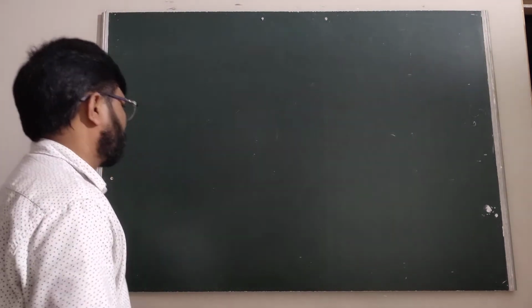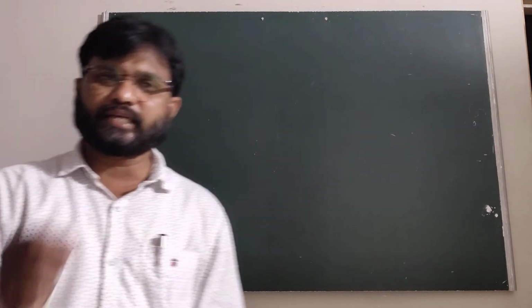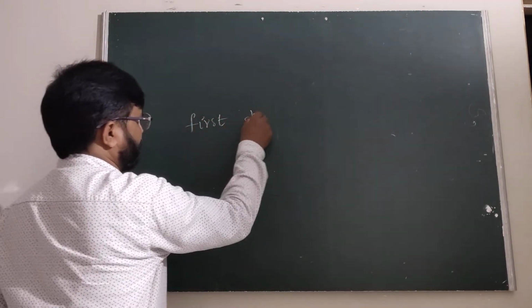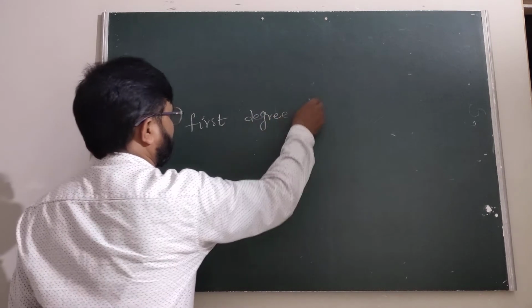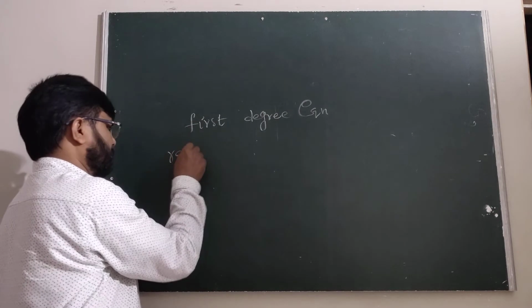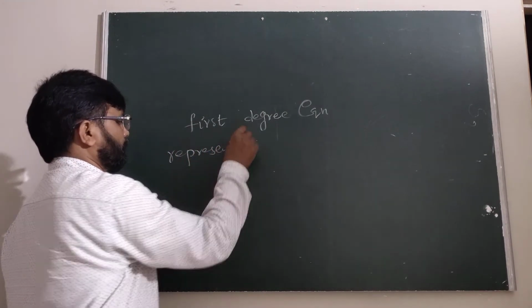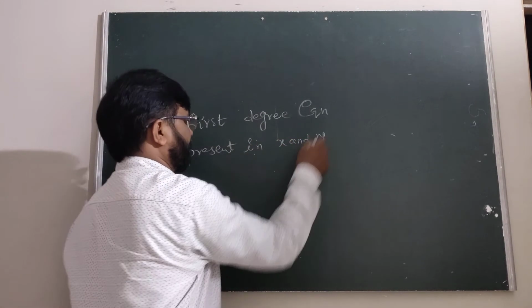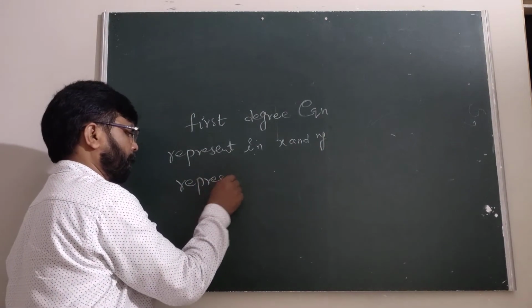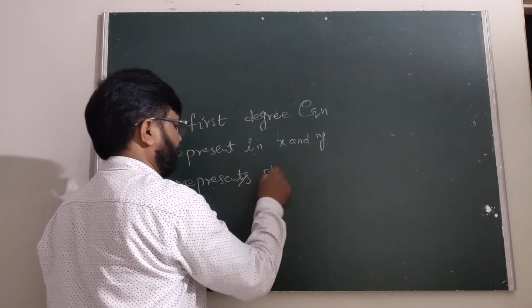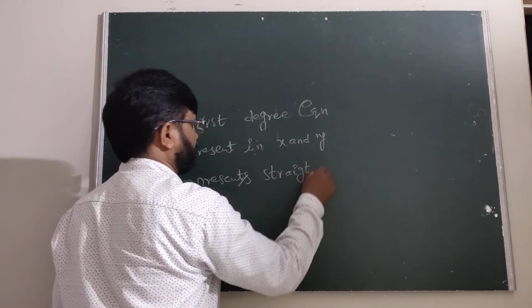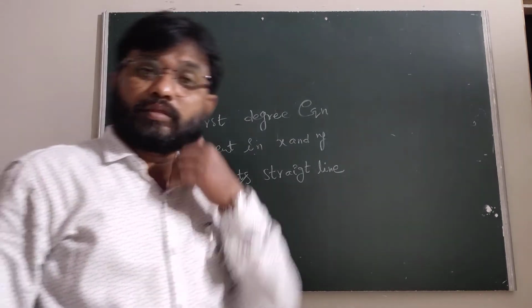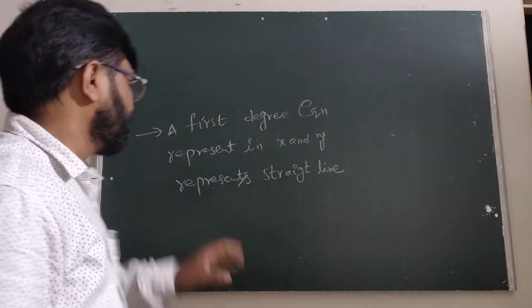The first one: a first degree equation in x and y represents a straight line.